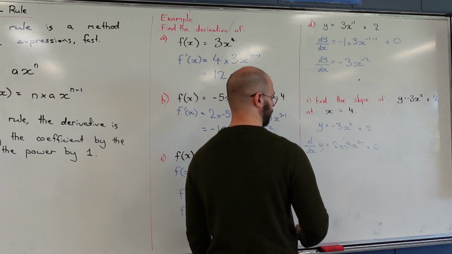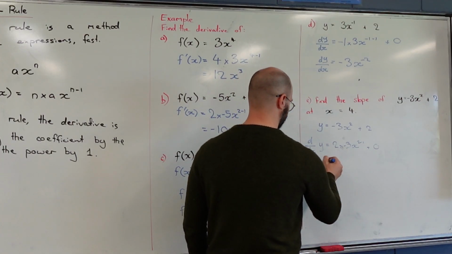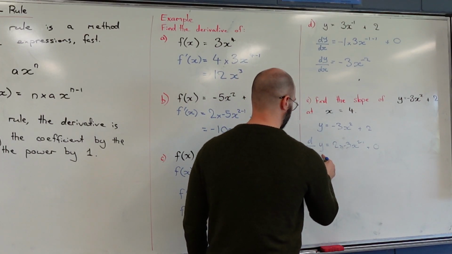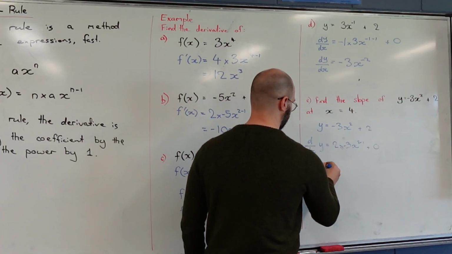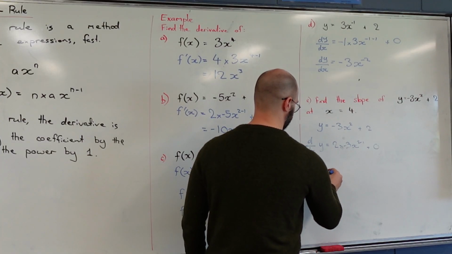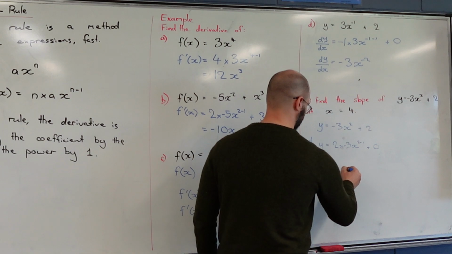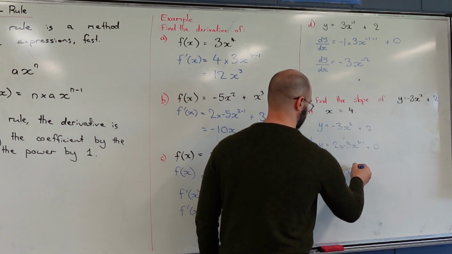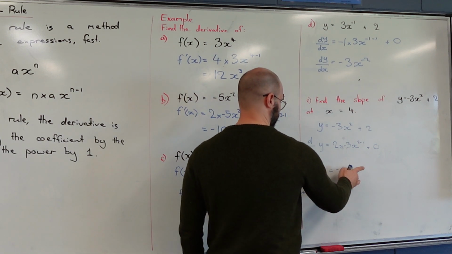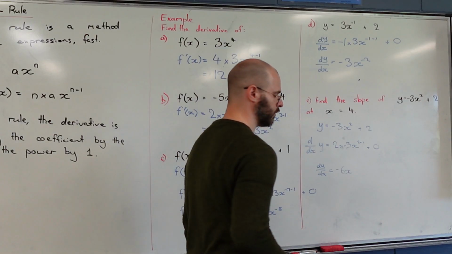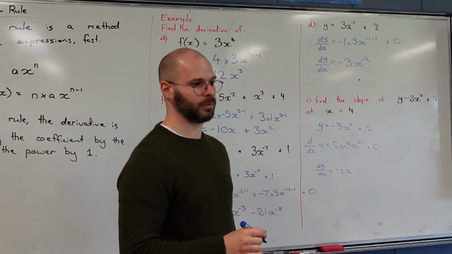Almost made a mistake. Okay, I'll process this a little bit more. dy over dx equals minus 6 x to the 1. So I don't need that there. Cool. Now what's the slope going to be?